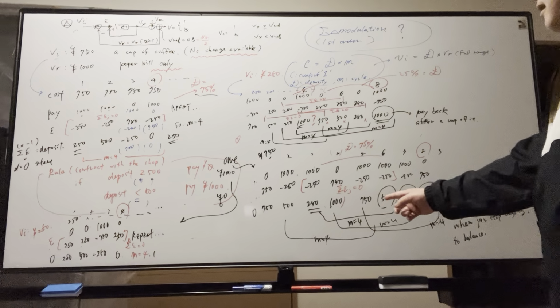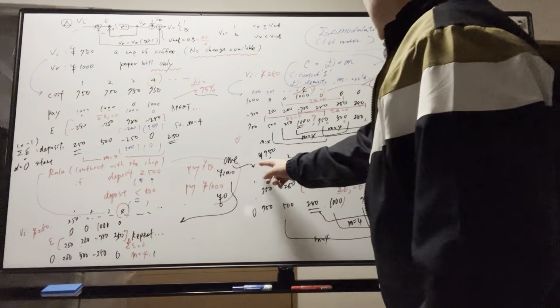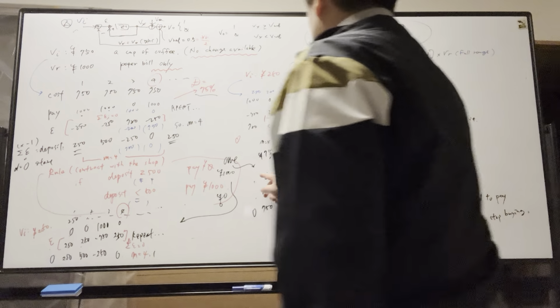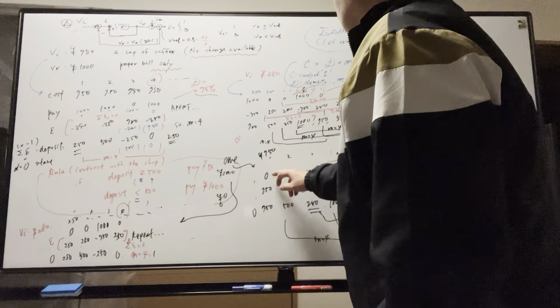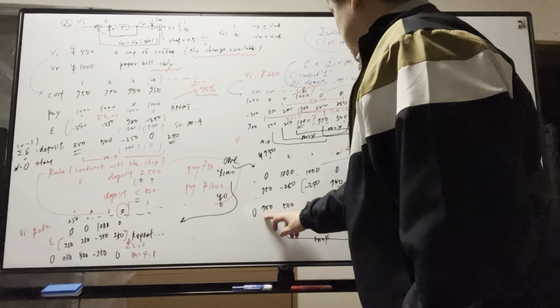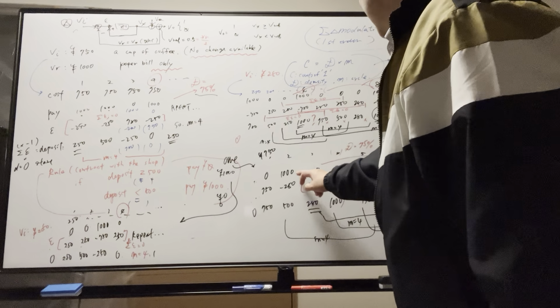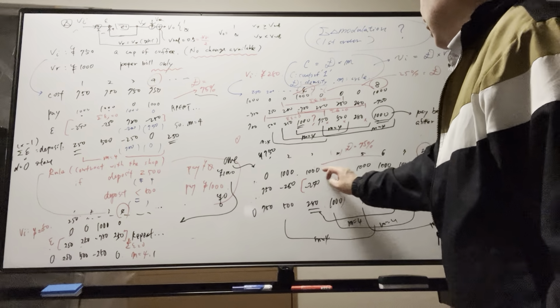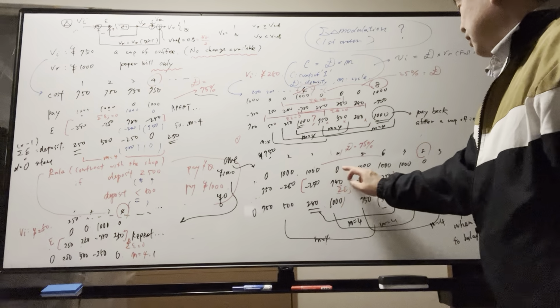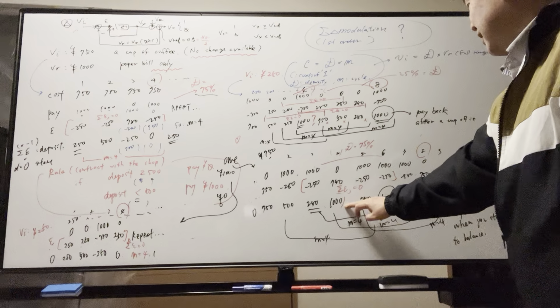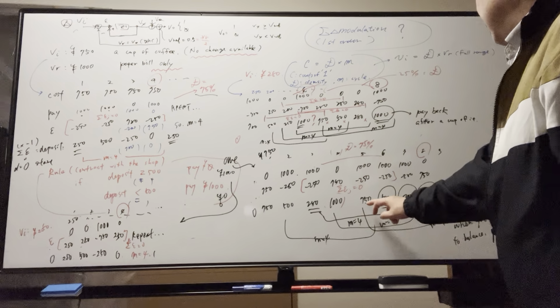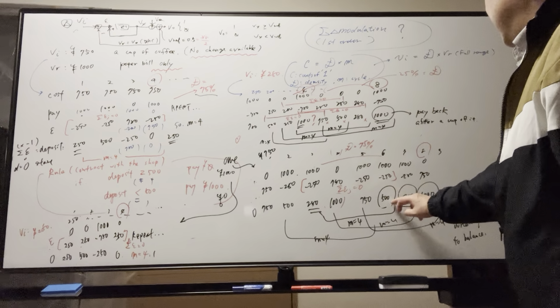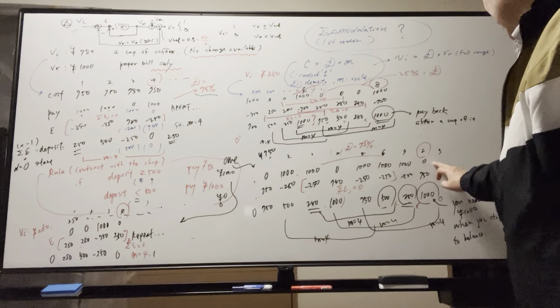At this moment, for 750, the owing rule applies 0. You owe nothing, so you paid nothing, but you owe 750. You need to pay 1,000. Still 500. 250 you don't need to pay, and 1,000 you owe 1,000, so you need to pay. 750 you need to pay. 500 you need to pay. 250 you don't need to pay.